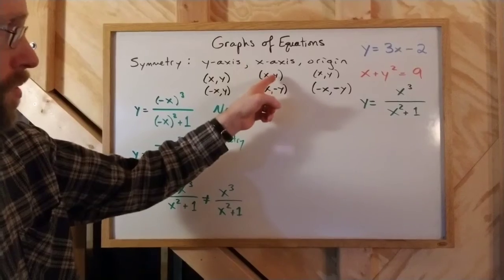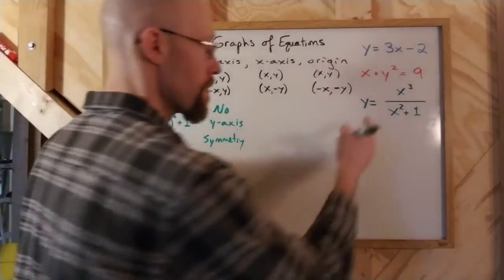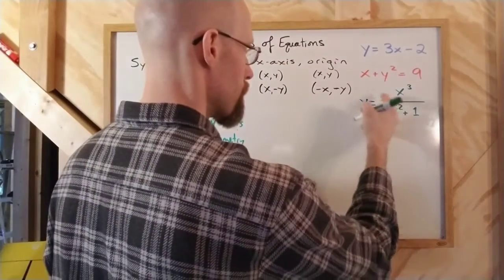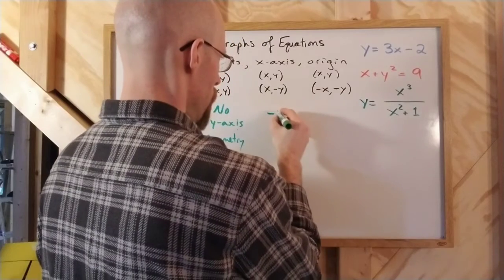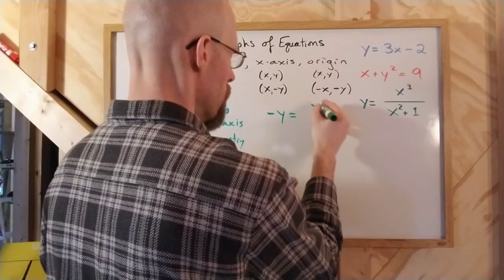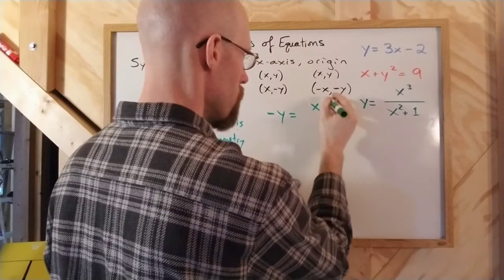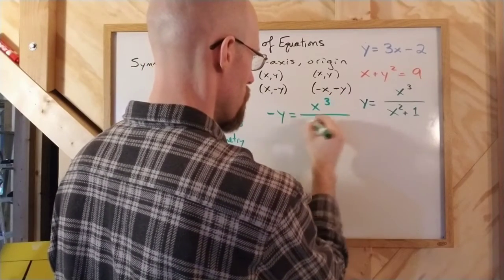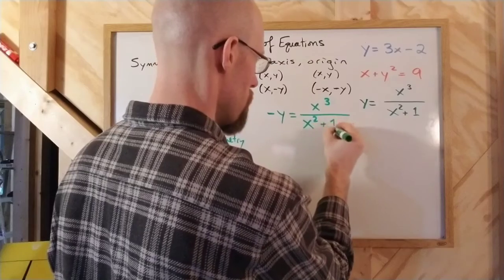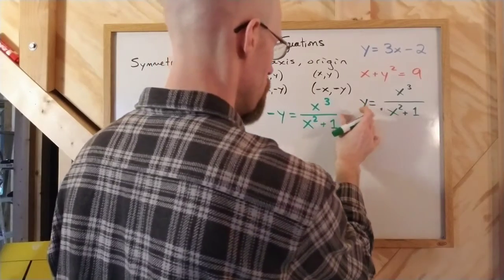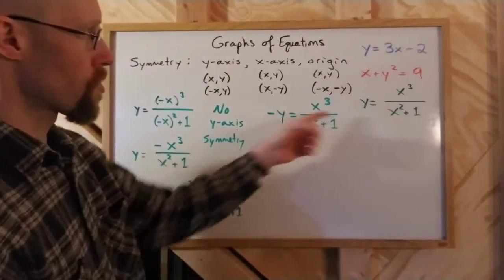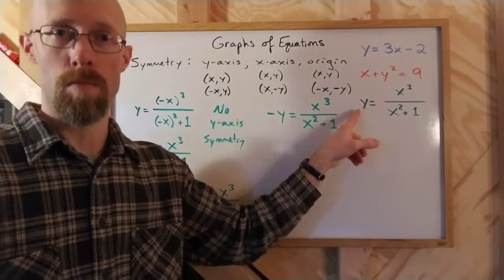All right, let's look at the x-axis for a moment. X-axis symmetry, we replace the y with the negative y. So it becomes negative y equals x cubed over x squared plus 1. Now, of course, we want to get y by itself to match up the equation.